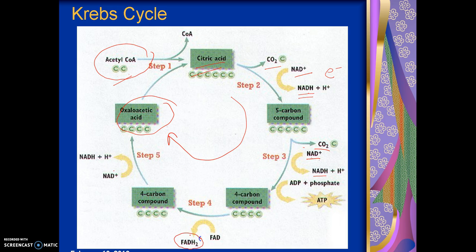Another reduced coenzyme you'll see is FADH2, which again takes up a high energy electron, and also an ATP. So per pyruvate that enters the Krebs cycle, you're ending up with 3 NADH, 1 FADH2, and 1 ATP molecule. The product is, of course, carbon dioxide as well as ATP, the side products, okay?